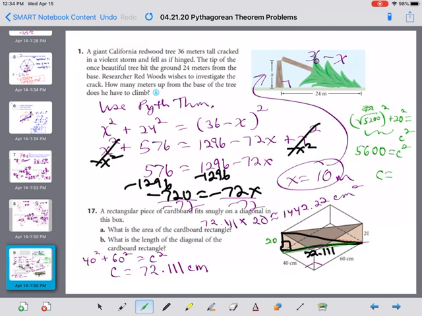So square root of 5,600, we'll just use the decimal equivalent approximation. 74.83 centimeters. So there it is.